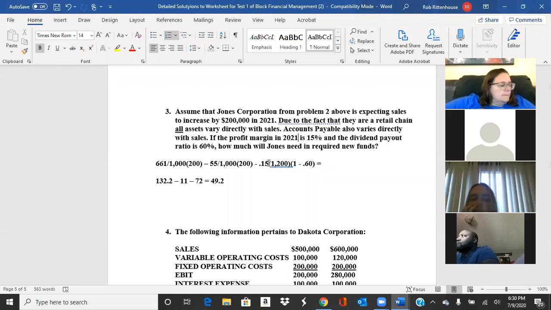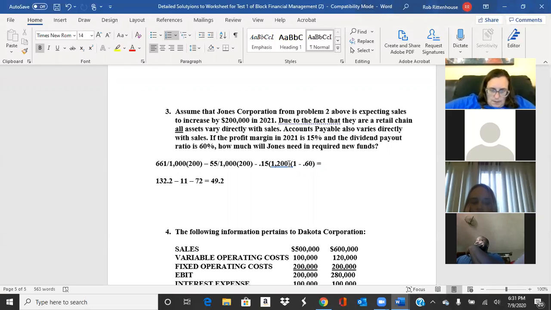So net income equals 15% of sales, and then we multiply that by total projected sales. If sales were $1 million last year and they're going up 200,000 this year, then 15% times total sales of 1.2 million would give us projected income.